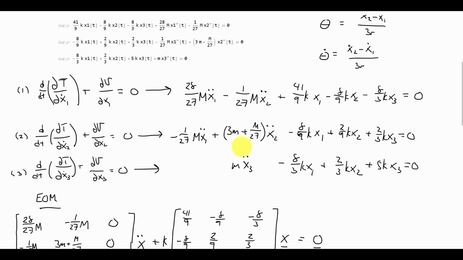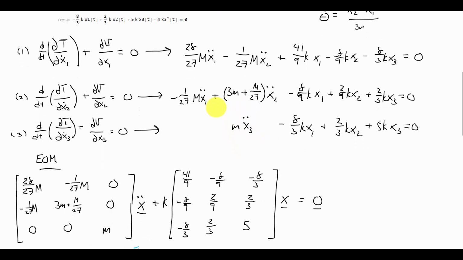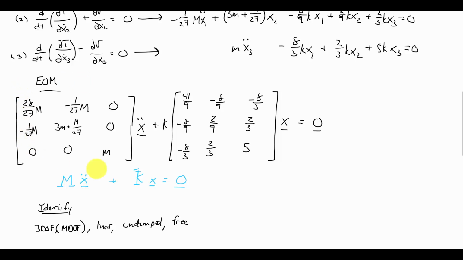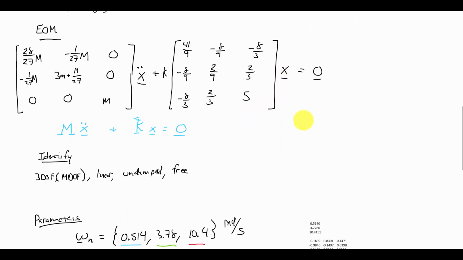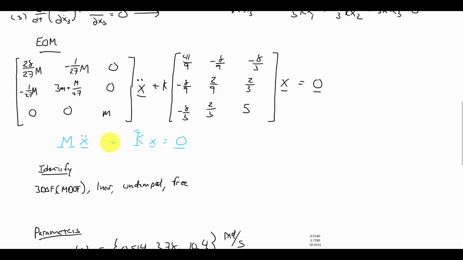Taking those scalar equations, we then transcribe them into our matrix form equation of motion, or equations of motion, filling in the stiffness matrix K and the mass matrix M. Ensured that they were symmetric, which indeed they were, which gives us some confidence that we did it correctly. We identified the system here, unforced, undamped, and 3 degrees of freedom, which is a multi-degree of freedom type of problem.